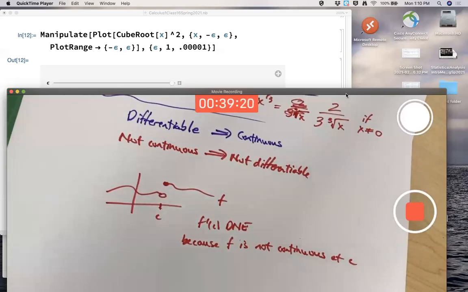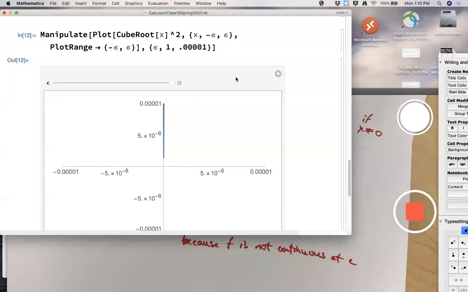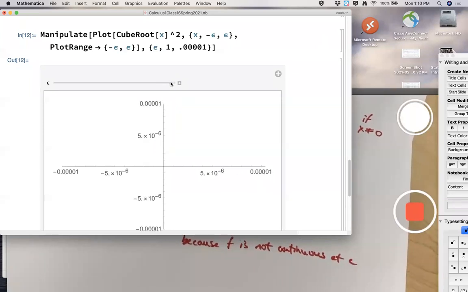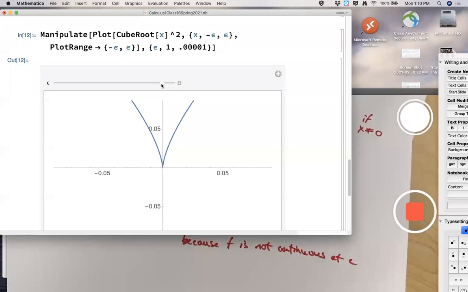Either you have a vertical tangent somewhere, like the cube root function, or you've got a corner in a graph, like the absolute value function, or, well, this sort of classifies as both. This is both a vertical tangent at the origin, but also it is a corner there. And again, there are some inaccuracies unless I stop it.